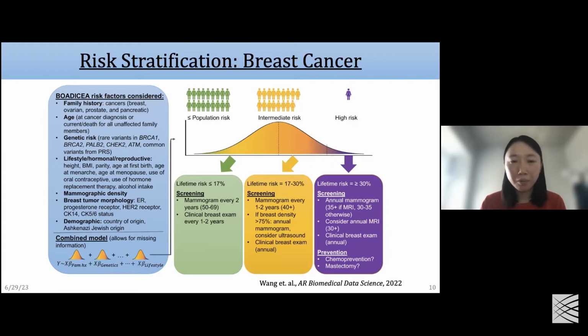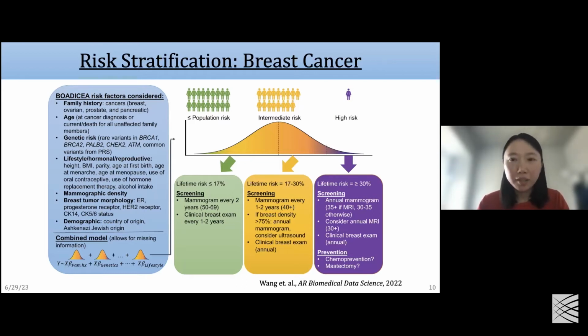Those people at high risk are encouraged to have breast screening at an earlier age and maybe more frequently. A few applications of this model have even shown PRS have higher predictive power than all the combined conventional risk factors. This highlights again the utility of PRS for risk stratification.